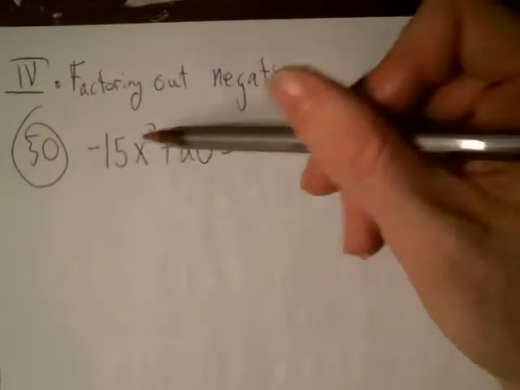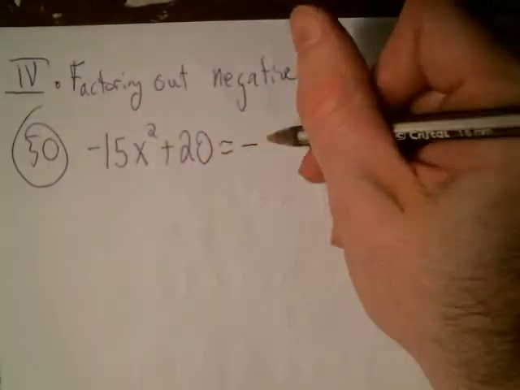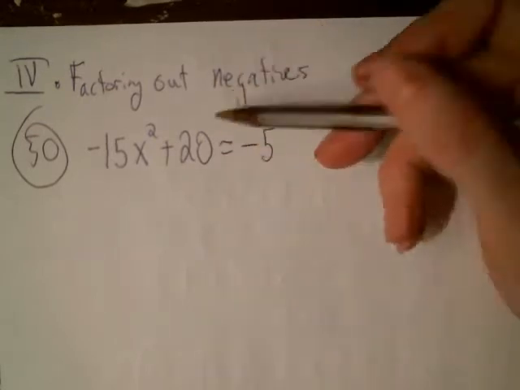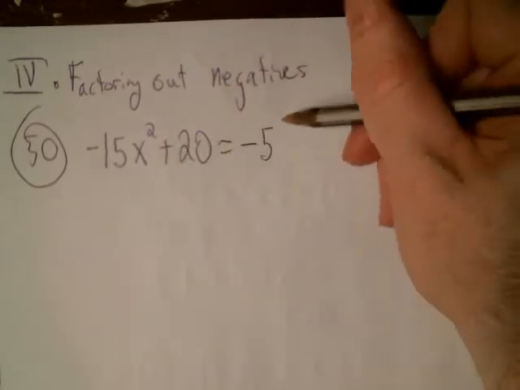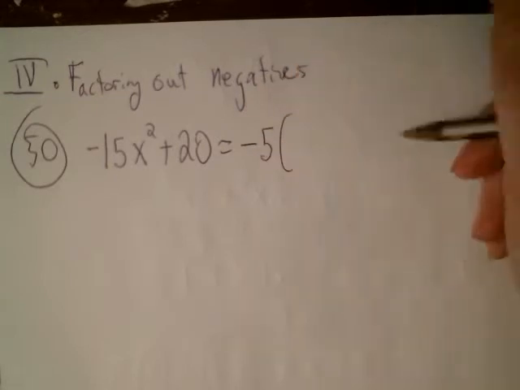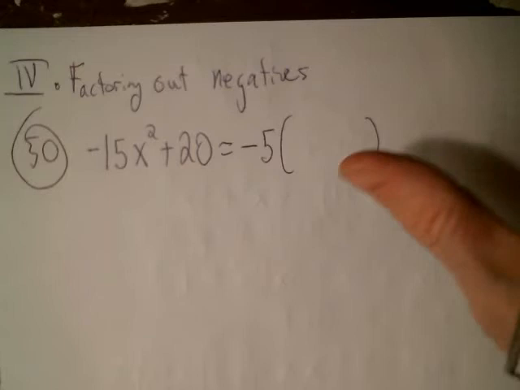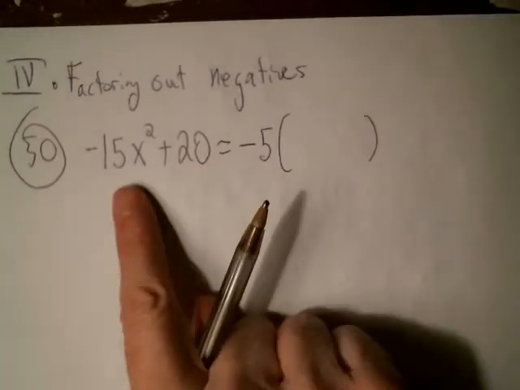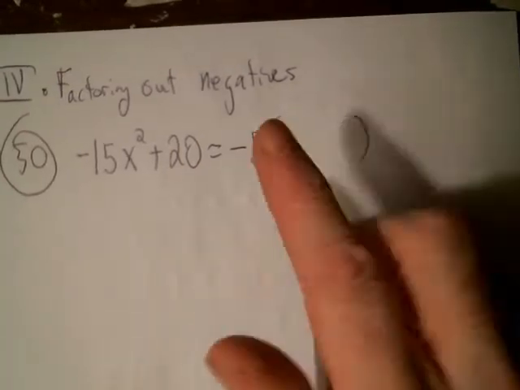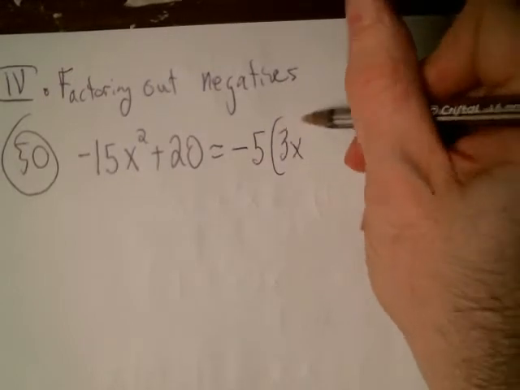Then I'm saying what divides both of them. Looks like 5 will go into both of them. And there's not a variable common to both of them. So now it just becomes a fill in the blank. But you have to be a little careful because now the signs get flipped. Before it was negative, now this will be positive, 3x squared.